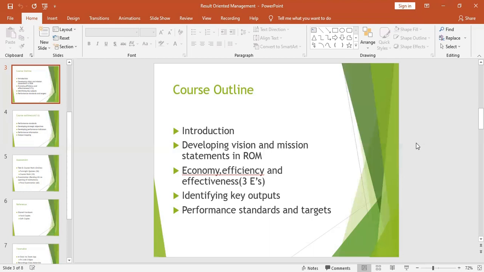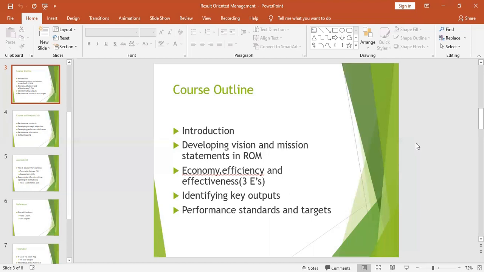ROM is a management style or concept which emphasizes the use of resources or inputs economically and concentrates attention on the use of those resources to deliver outputs efficiently and effectively.